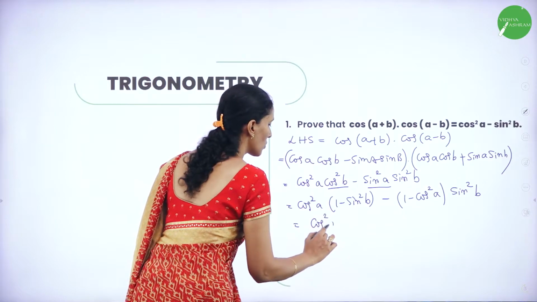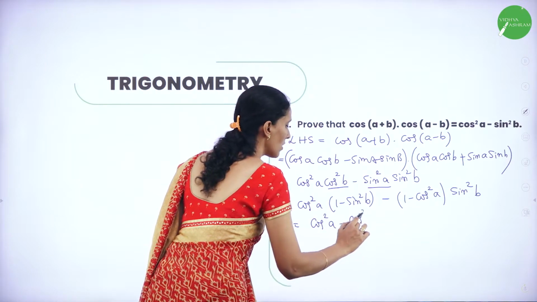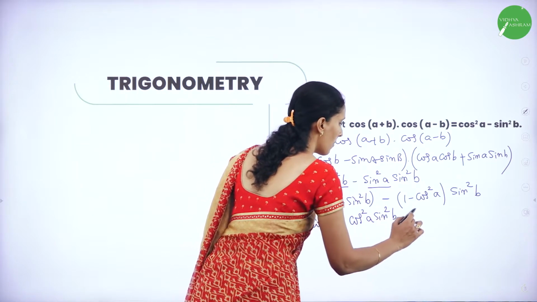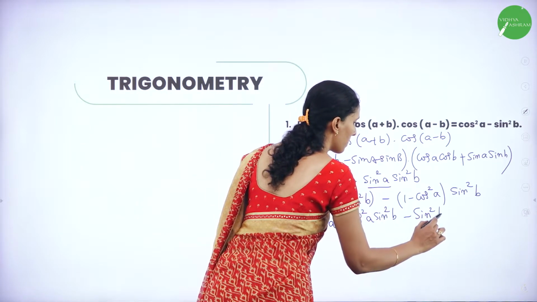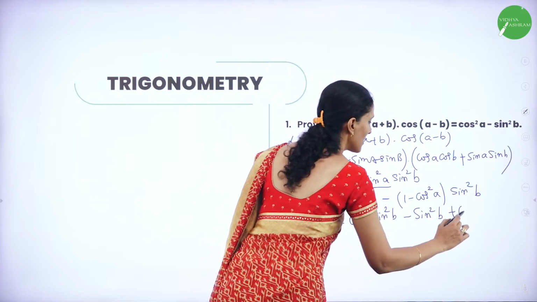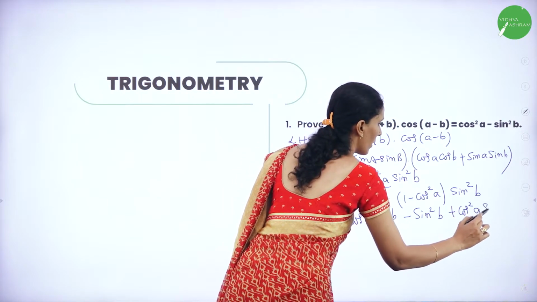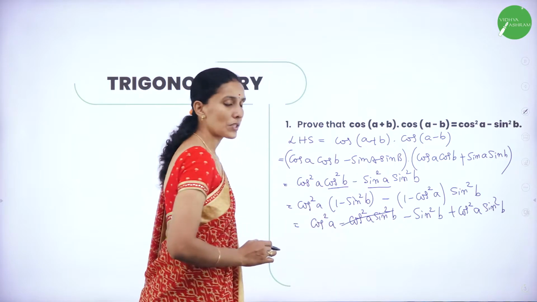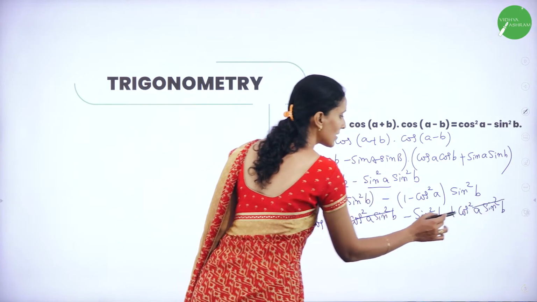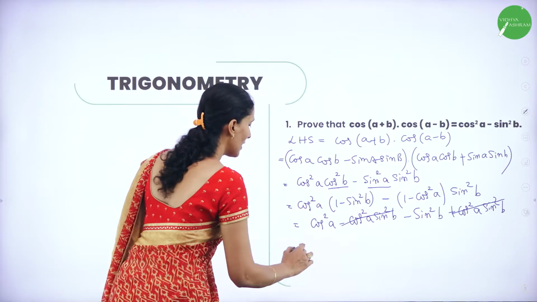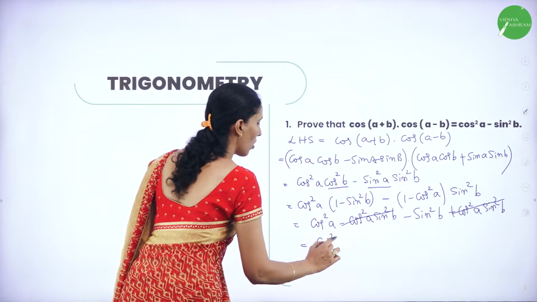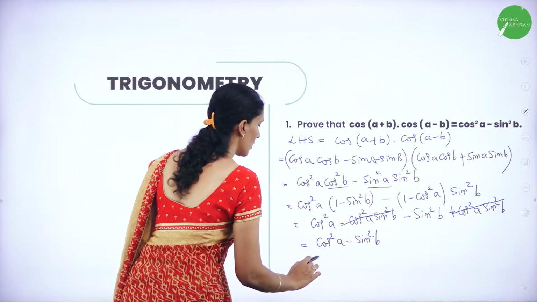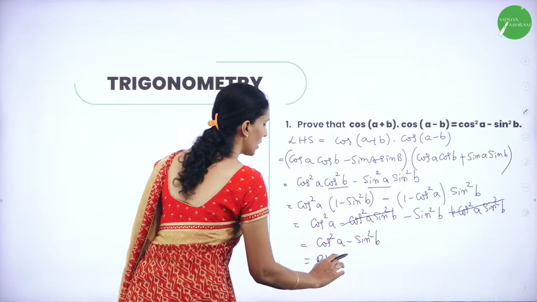It is cos square a minus cos square a sine square b, and here it is minus sine square b, minus into minus plus cos square a sin square b. So you can see minus cos square a sin square b plus cos square a sin square b get cancelled. We are left with cos square a minus sin square b, which is the right hand side of the given trigonometric equation.